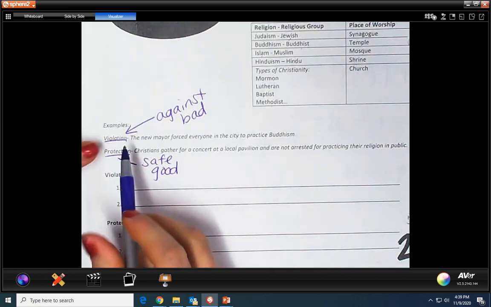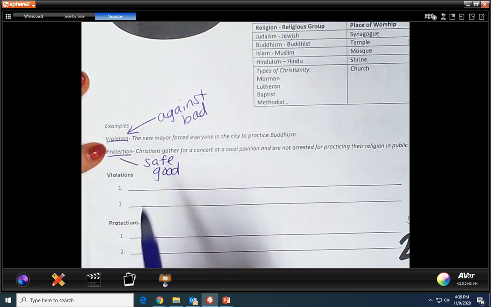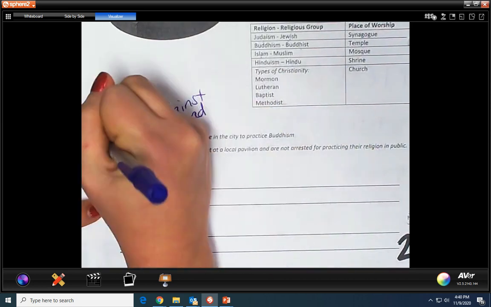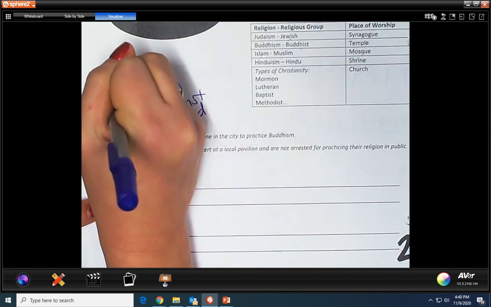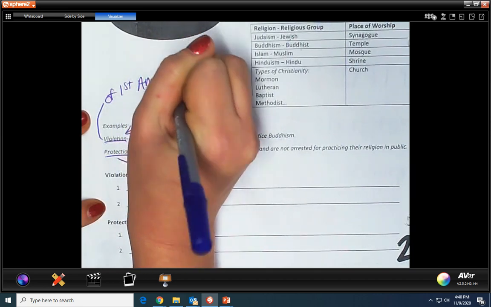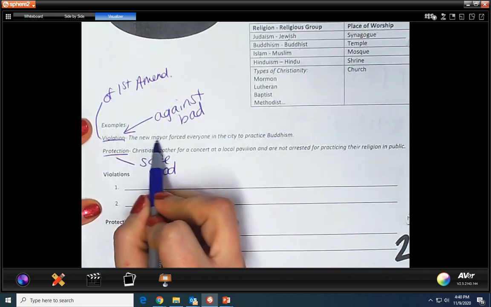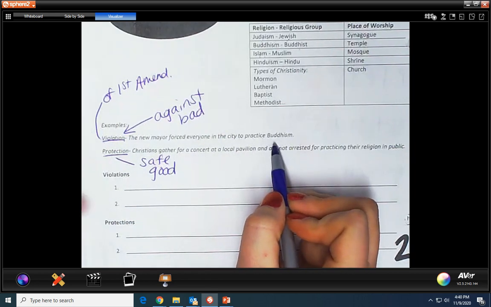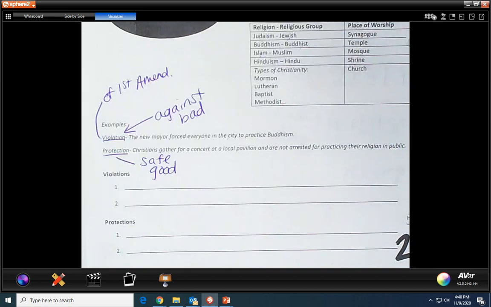So here's an example of a violation of your or somebody else's First Amendment right, if you're an American citizen. The new mayor forced everyone in the city to practice Buddhism. That is a violation of the First Amendment right.